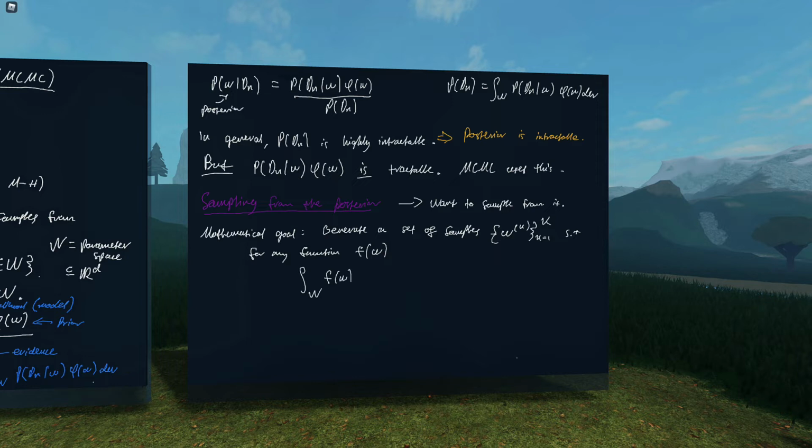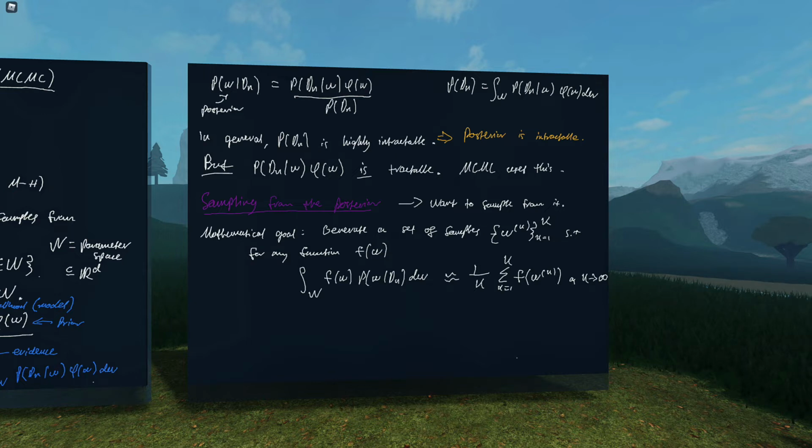The expectation of f of w over the posterior is approximately equal to the mean over the generated set of samples that we have obtained from something like Markov Chain Monte Carlo. And this is obviously as we take an infinite number of samples, as capital K goes to infinity.